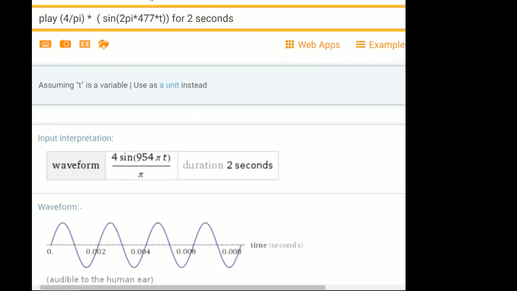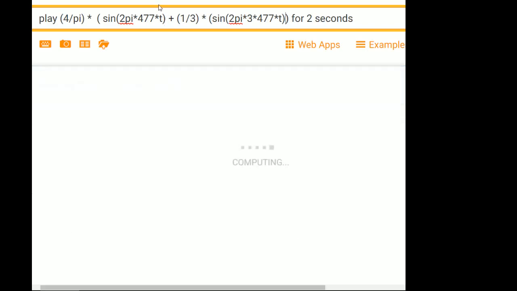Now plus 1/3 of sine 2 pi times 3 times the frequency times t. Please.